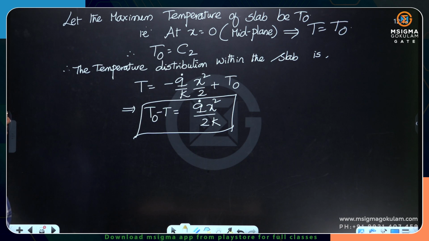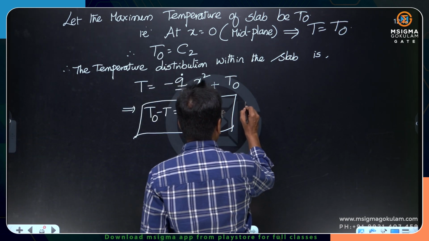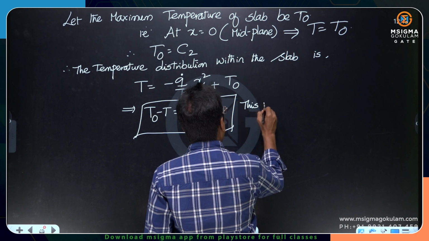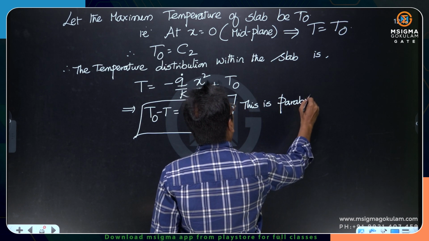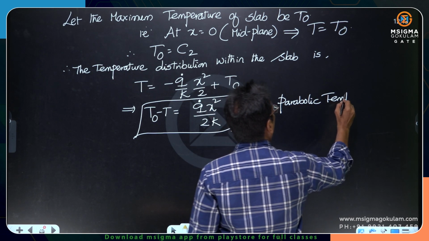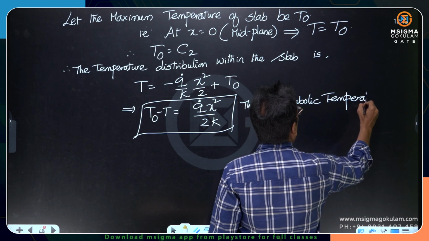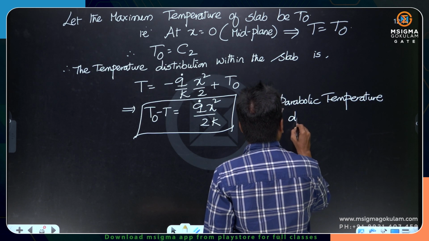This is the temperature distribution, which is of parabolic type. This is the parabolic temperature distribution.